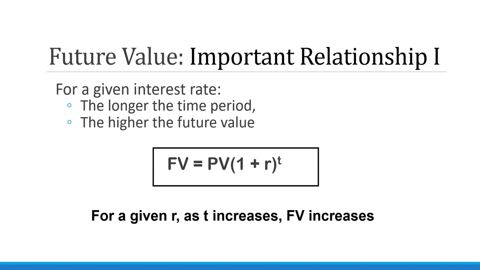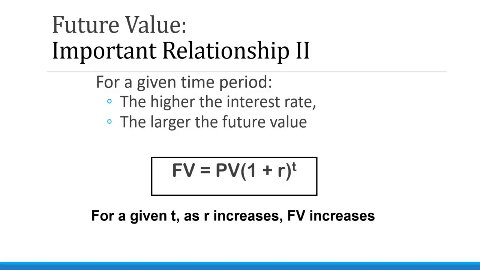For any given interest rate, the longer the time period, the higher the future value. As time increases, future value increases. That is the benefit of compounding interest. For the higher the interest rate, the larger the future value.